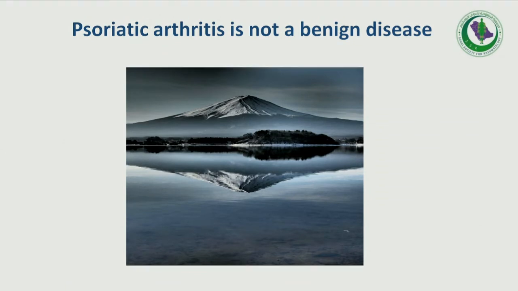They thought for decades that psoriatic arthritis is a benign disease, but studies over the last 20 years changed this concept. They thought it was only a disease of the skin and joints. It's a systemic disease that has a great impact on your internal organs. So psoriatic arthritis is associated with many comorbidities.